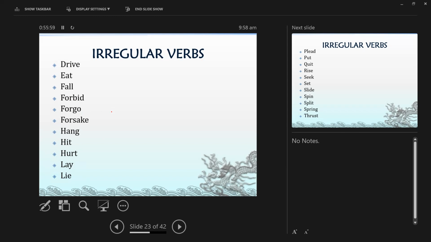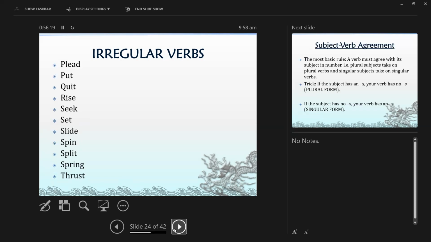Forsake, forsaken. Hang, hung, hung. Hit, hit, hit. Hurt. Doesn't change the form. Lay, laid. Lie, lie. Okay. Super daming irregular verbs. That's it.